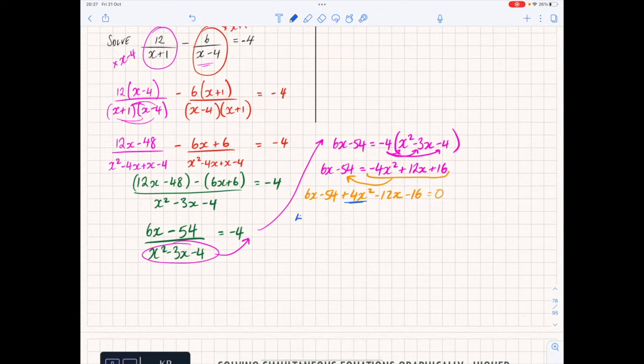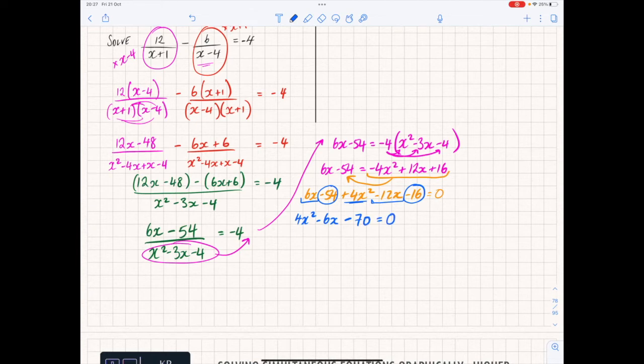Let's now tidy this up. So we've got 4x squared. Then we've got minus 12x, and that is a plus 6x. So we say minus 12 plus 6, which is minus 6x. Then we've got minus 54 minus 16. That's going to give me minus 70 equals 0.